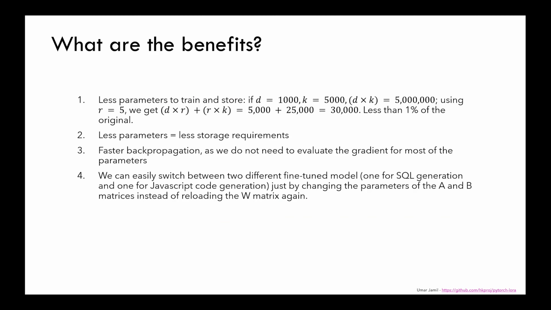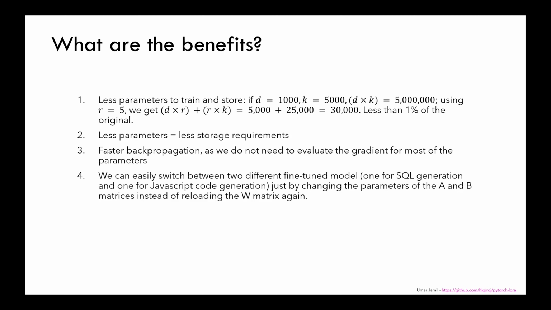So what are the benefits? First of all, as we saw before, we have fewer parameters to train and store, because in the case I showed before, we have, for example, 5 million parameters in the original W matrix, and using r equal to 5, we only have 30,000 parameters in total, so less than 1% of the original. Fewer parameters also means less storage requirements and faster backpropagation, because we don't need to evaluate the gradient for most of the parameters.